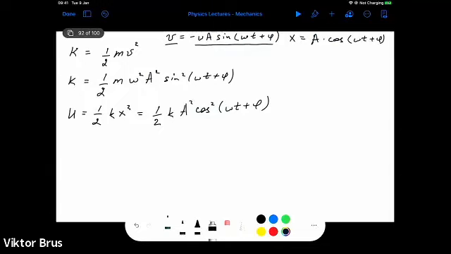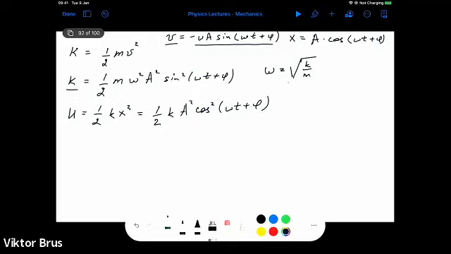Good. So now, in order to proceed further, we need to do some changes, like rewrite a bit the expression for the kinetic energy, assuming that omega is equal to square root of k divided by m.